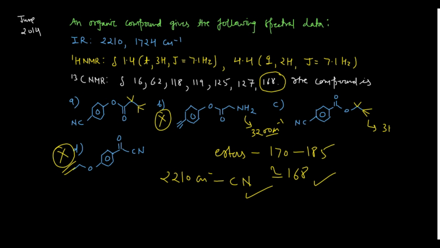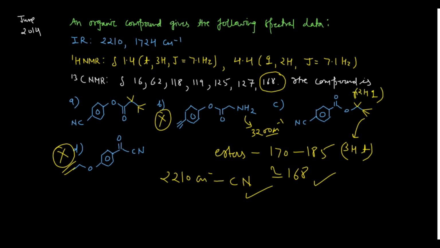It is a little bit difficult to write out of the scale, so I am writing here. This will give you a 3 proton triplet, no problem in that. And this will give you a 2 proton quartet.